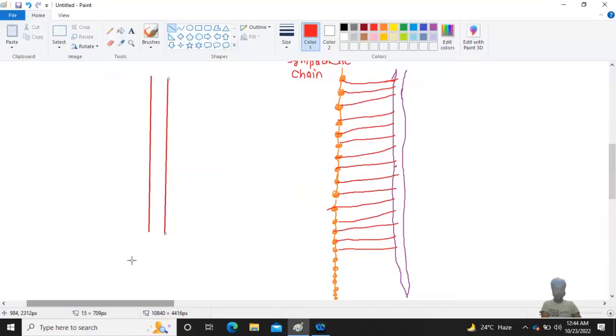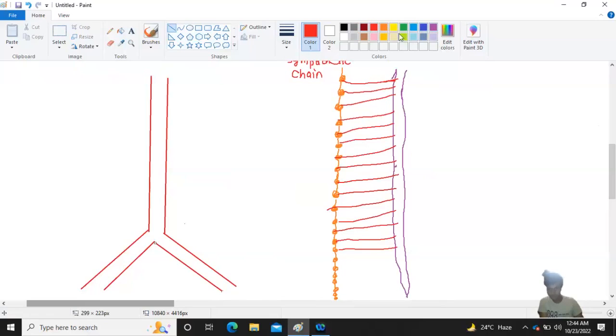After this, it divides into two branches.